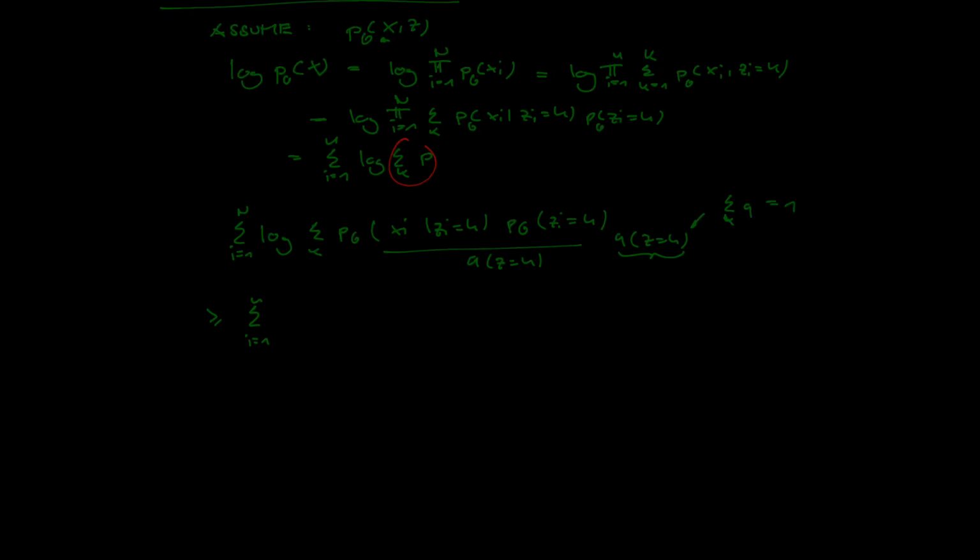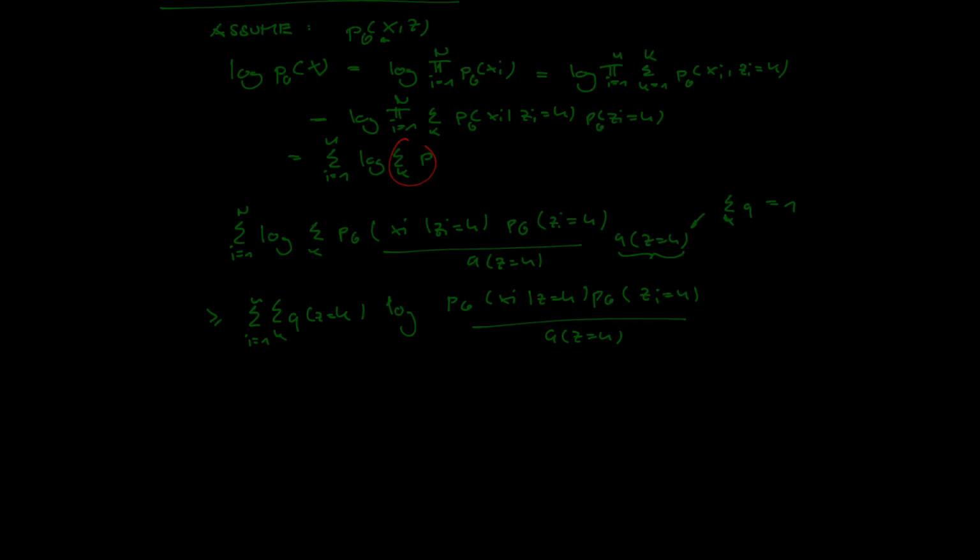And then we can apply Jensen's inequality, which comes just from the convexity. So we can put the sum outside, and now we have q of z_i equal to k. Oh, I forgot the sum over k here, right? So like this, and then we have the log. And now we have a lower bound on this term above, right?